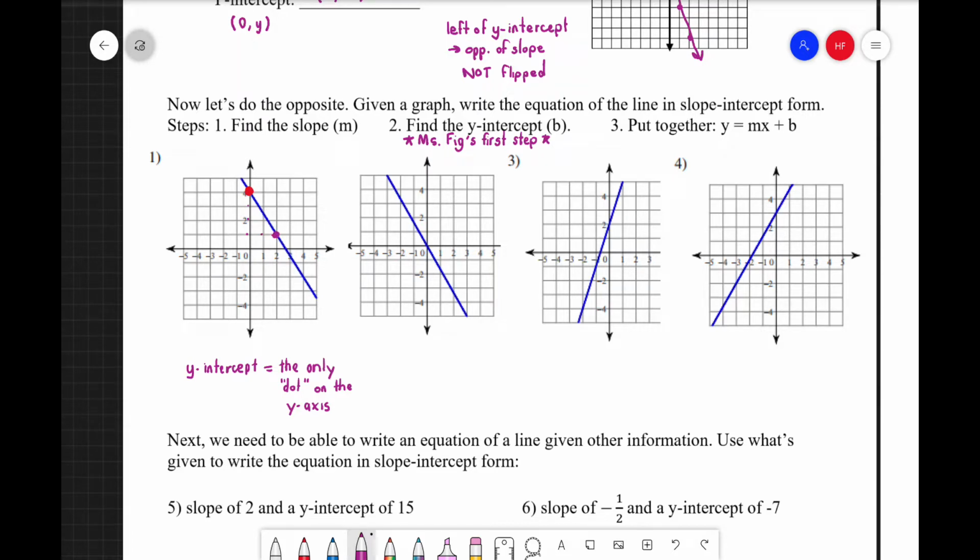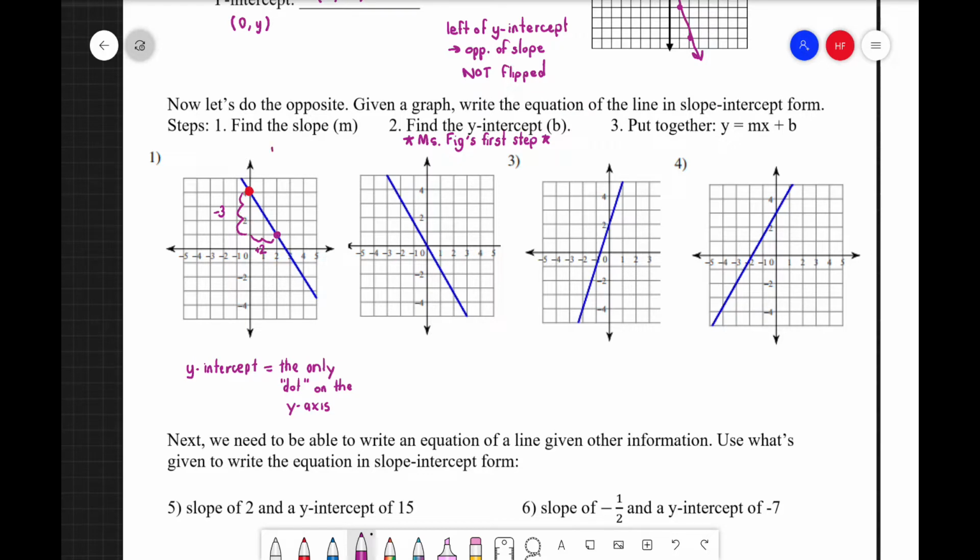When we're finding the slope, we're trying to see where is my next point. Another way I could have done that is looked at my line and said, where is it crossing perfectly? And we'll say right here, there's a point. So I'm going down 3, so that's minus 3, and to the right 2.